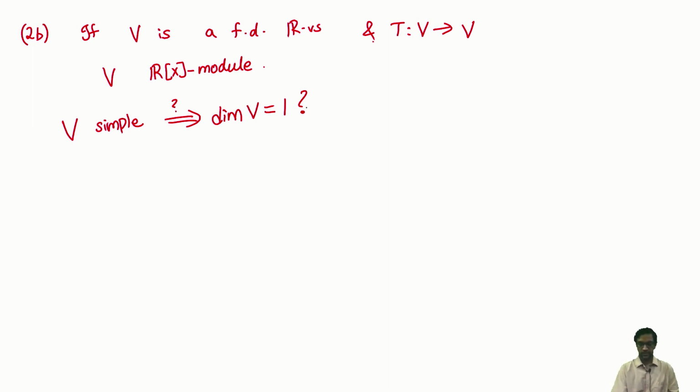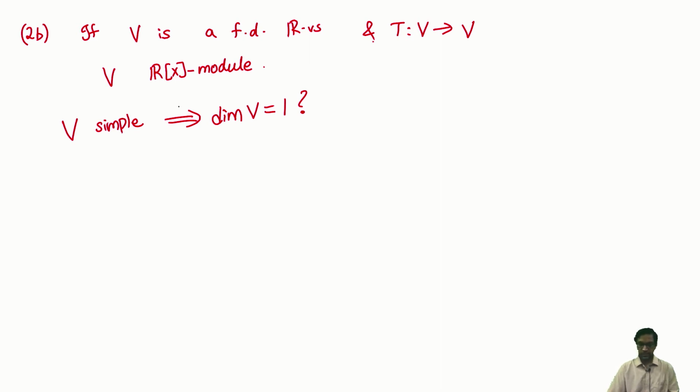Observe, the same proof doesn't work anymore, because I don't necessarily have eigenvalues anymore. I don't have real eigenvalues anymore, which means that I can't necessarily produce an eigenvector, and therefore the same proof won't work. But the question is, is the result true nevertheless? Can you somehow give a different proof of this fact?